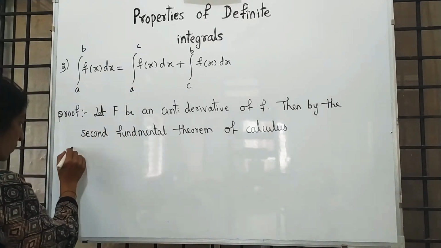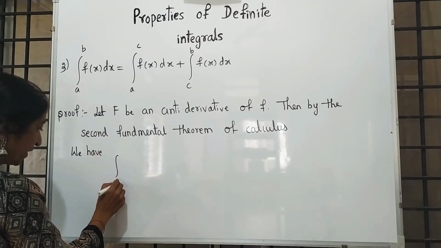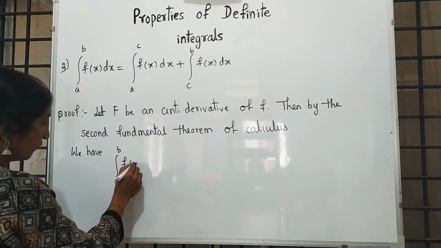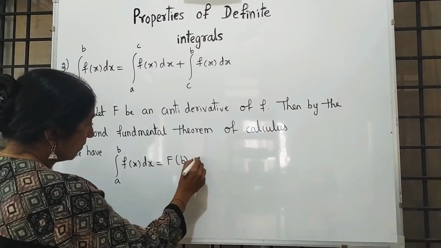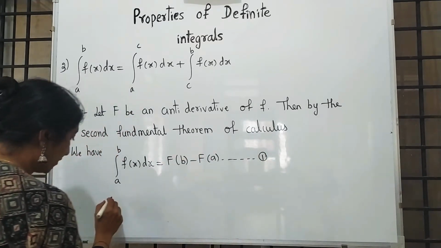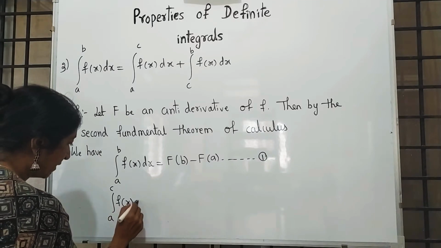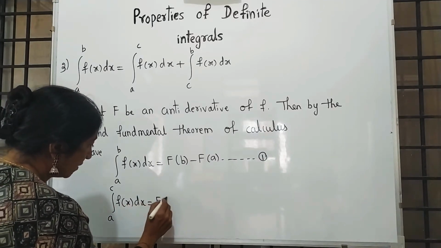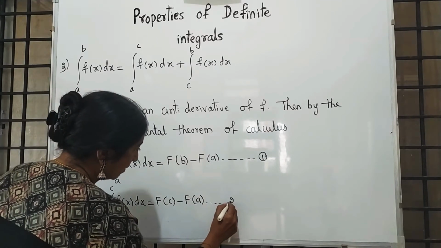Write down for each integration. We have integration from a to b, f of x dx is equal to upper limit minus lower limit, equation 1. Second one, integration from a to c, f of x dx, is f of c minus f of a, equation 2.